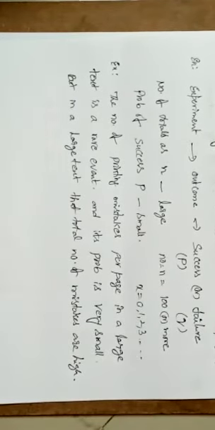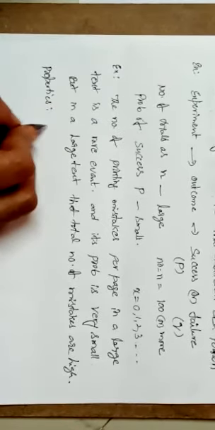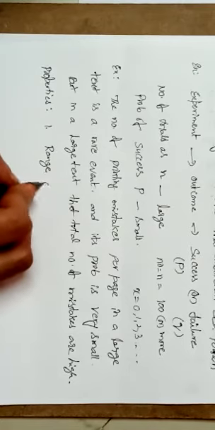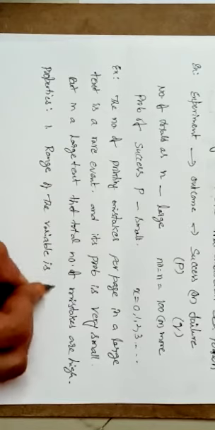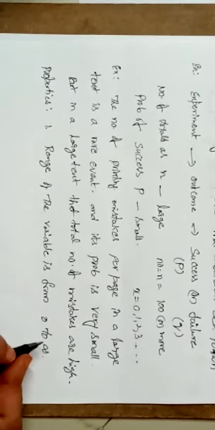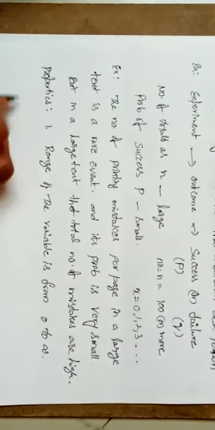Now coming to the next point, that is properties. The first property is that the range of the variable is from 0 to infinity. Why? Because it is countable, and that is from 0 to infinity. The second one is the mean.